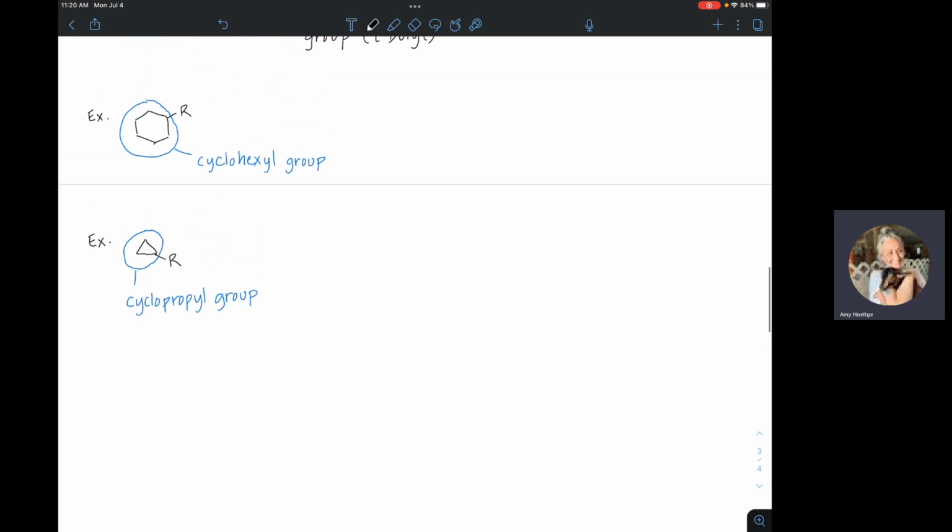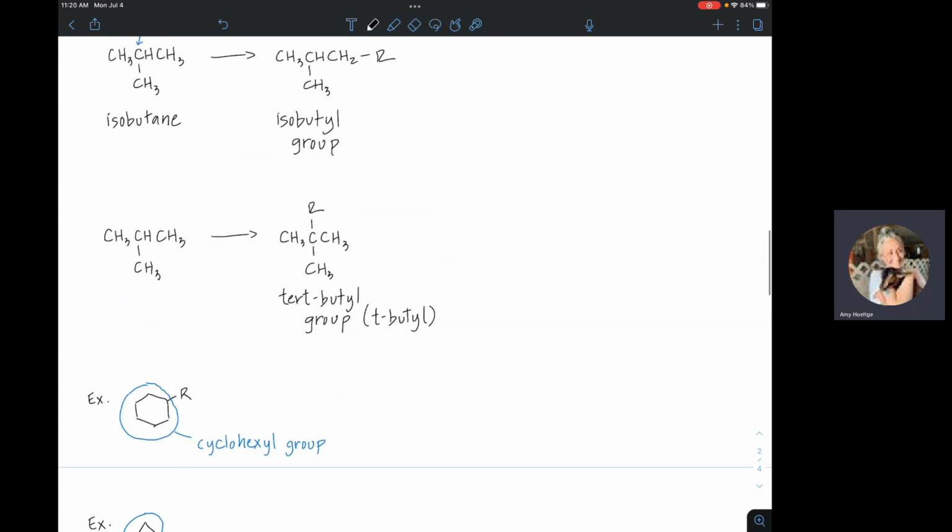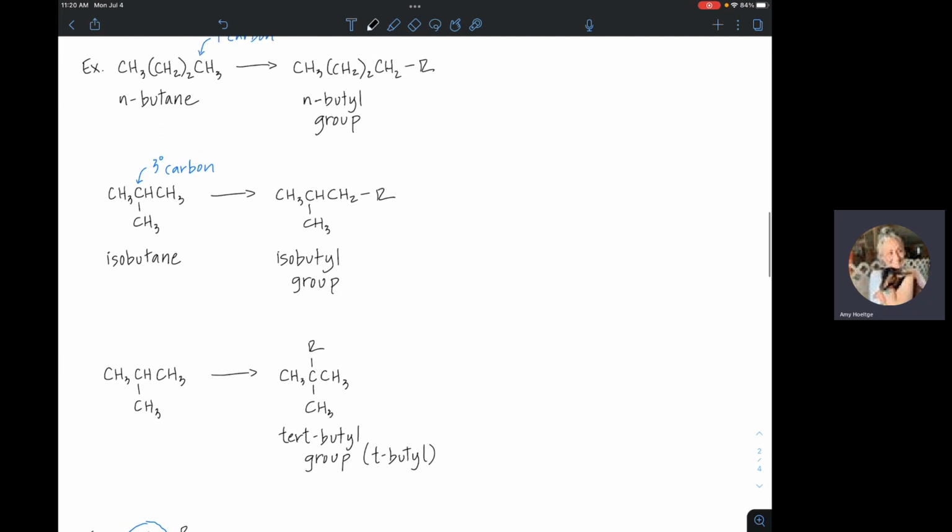If you imagine that these molecules only have dispersion forces, because there's only carbons and hydrogens, the boiling points of isobutane and N-butane are not the same. And a molecule that would have a T-butyl group, an isobutyl group, and an N-butyl group would also not be the same. They only have dispersion forces. It's just carbons and hydrogens, and there's not a huge difference in electronegativity between carbon and hydrogen, so there's not much polarity going on.